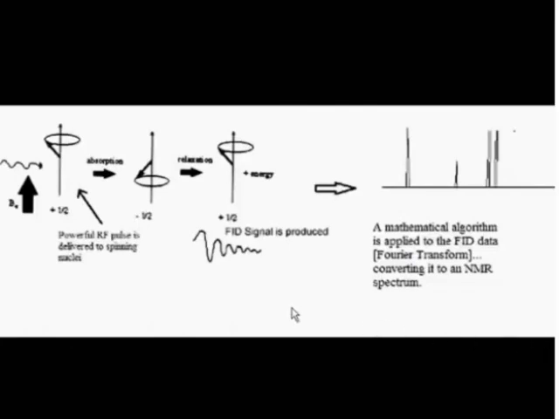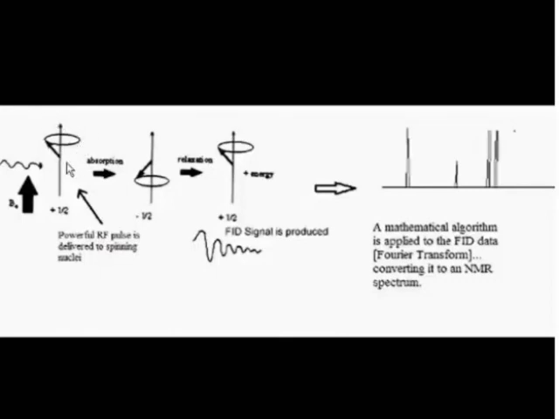All right, let me explain how an NMR spectrum is actually created. The sample is placed in a powerful magnetic field. The nuclei of the atoms of the molecules precess about the magnetic field. Some are aligned with the field and some against the field.